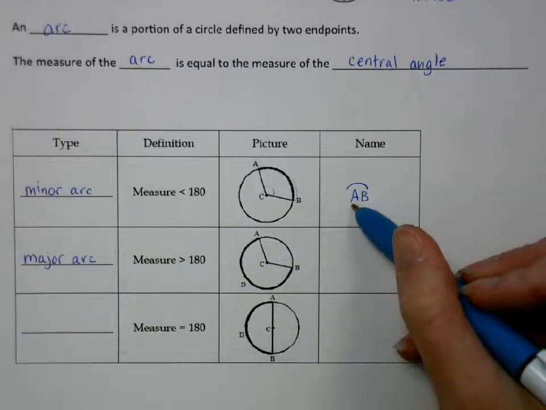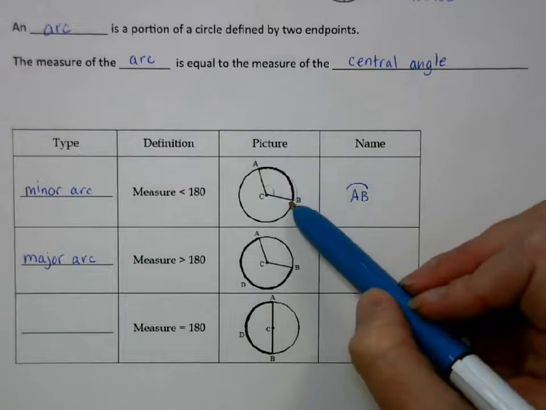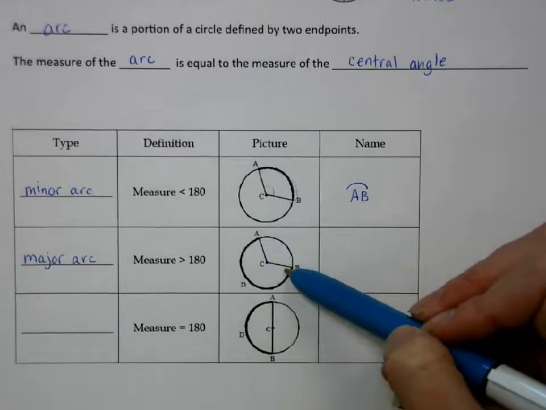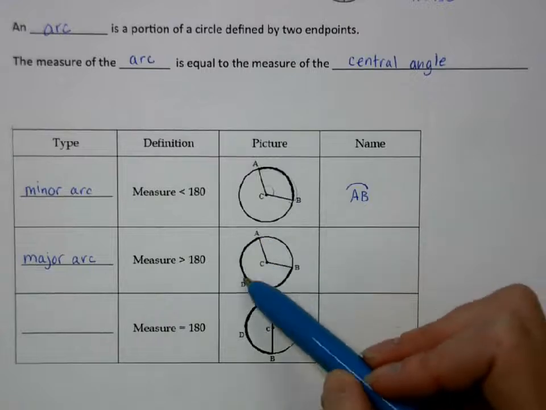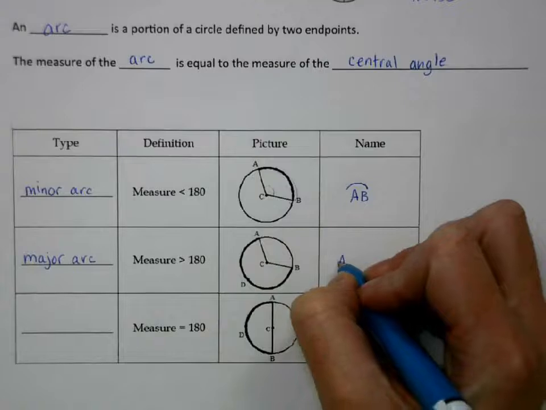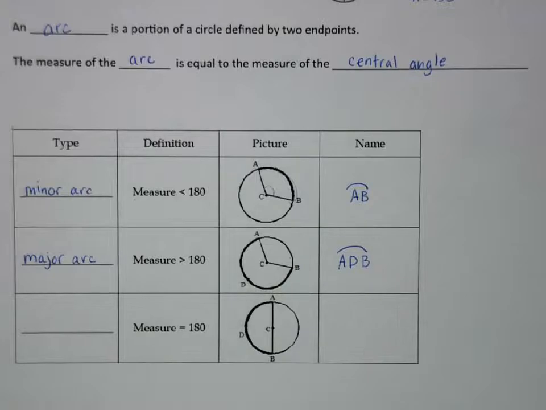If you see just two letters, then it is implied that it is the minor arc, the shortest distance. So if they have the same endpoints A, B, but to indicate that I'm going around this direction, I have to include some other point. So this is going to be A, D, B. The D tells me I need to pass through D to get there.